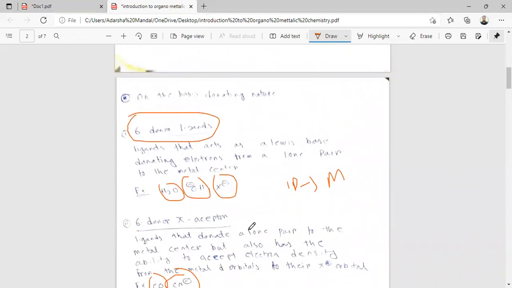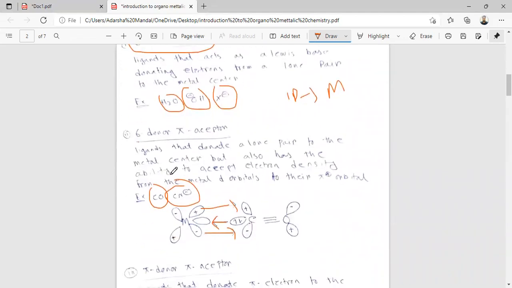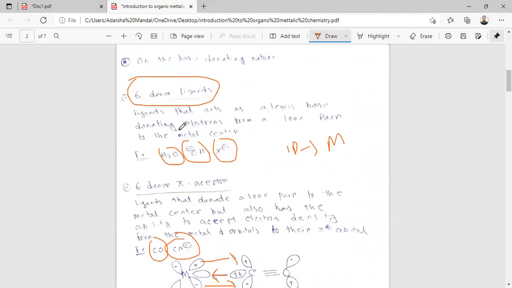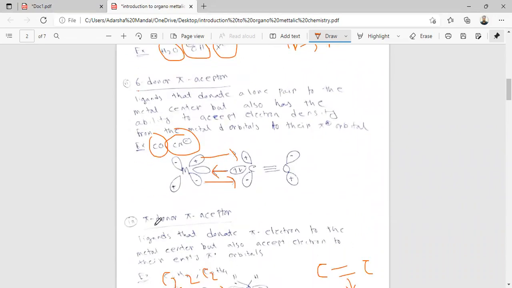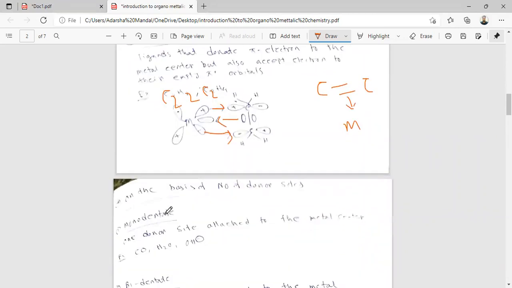So the basic difference is that a sigma donor only donates electrons to the metal center, but the sigma donor and pi acceptor, and the pi donor and pi acceptor, will donate to the metal center and also accept electrons from the metal center.